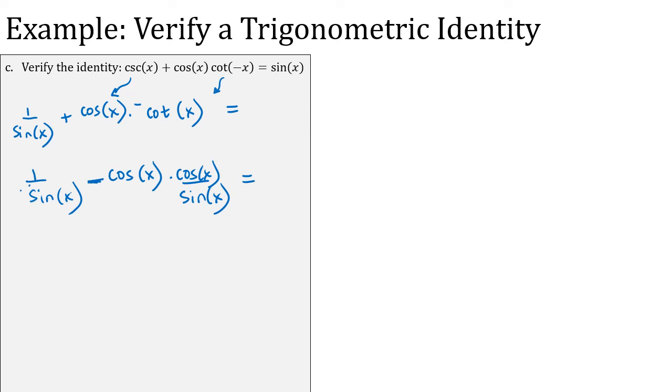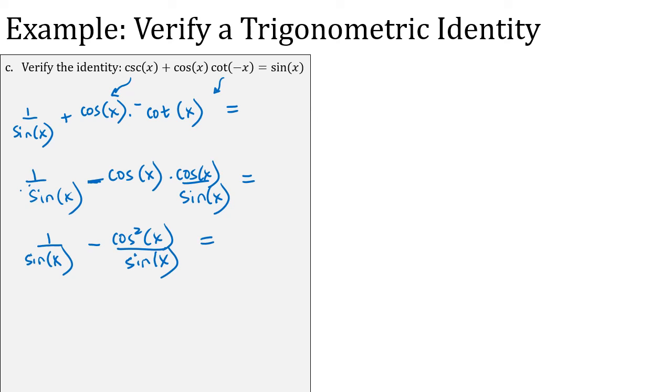Okay, so now let me go ahead and do that multiplication. So 1 over the sine of x minus cosine times cosine is cosine squared x all over the sine of x. All right, so that looks a little bit better. What else can I do?